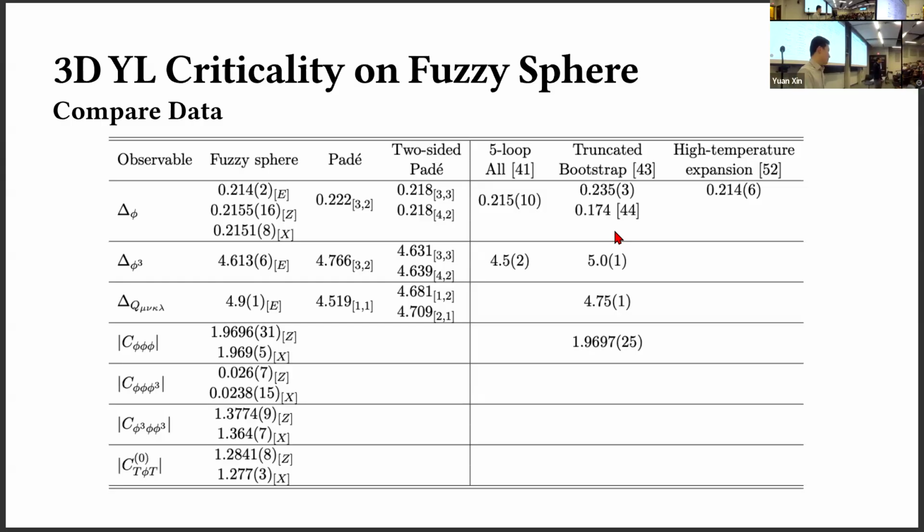The R phi squared. I guess it's probably because the spherical symmetry is very symmetric, so there are not a lot of relevant deformations you can use to break the spherical symmetry. If you don't do something drastic, say you take one hemisphere very strongly coupled and the other hemisphere with zero coupling, and then take the thermodynamic limit, in the end you should still have a sphere.